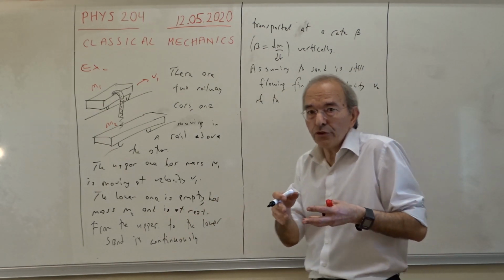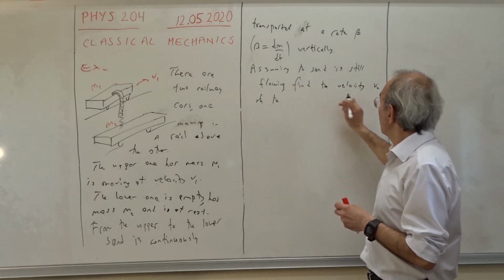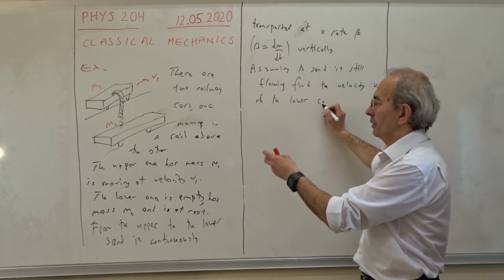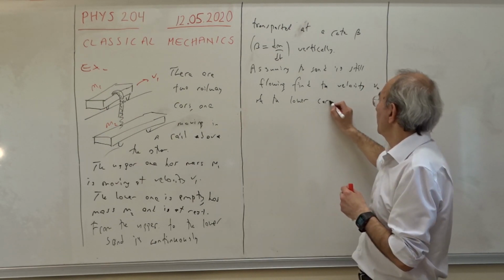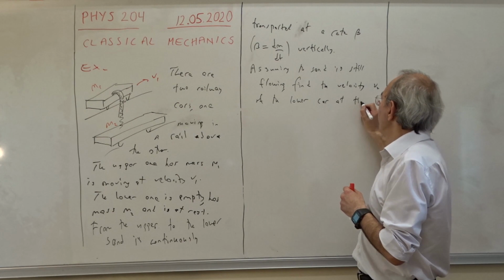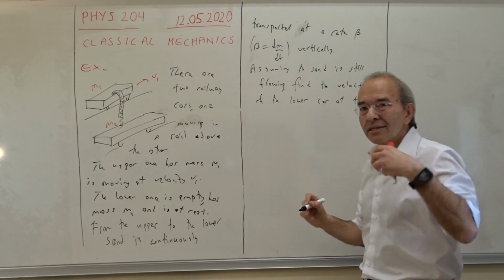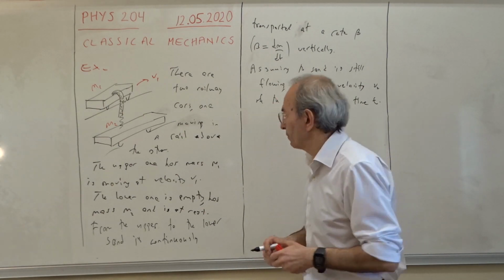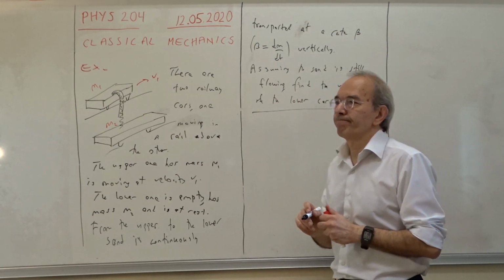Assume the sand is still flowing down, find the velocity V2 of the lower car at time t, because at time t equals 0, the sand started to flow down. So this is the problem.